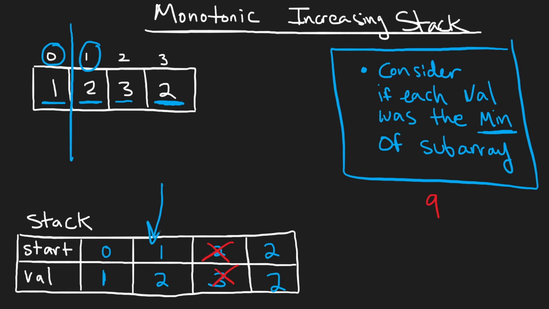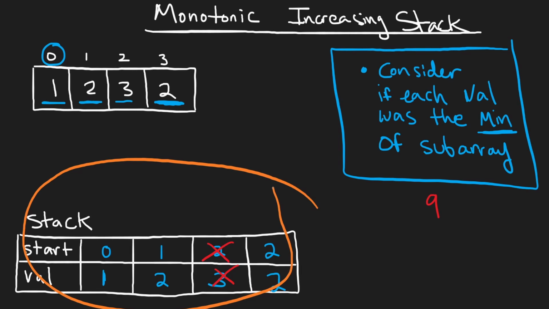That's what the start value of the stack tells us, right? It's at index 1. It started there. And since that value is still in our stack, what that tells us is that this 2 was the minimum value, and we were able to extend it all the way to the end of the input array. So now you can see that we were able to iterate through every single value in the input array, but notice how our stack is still not empty.